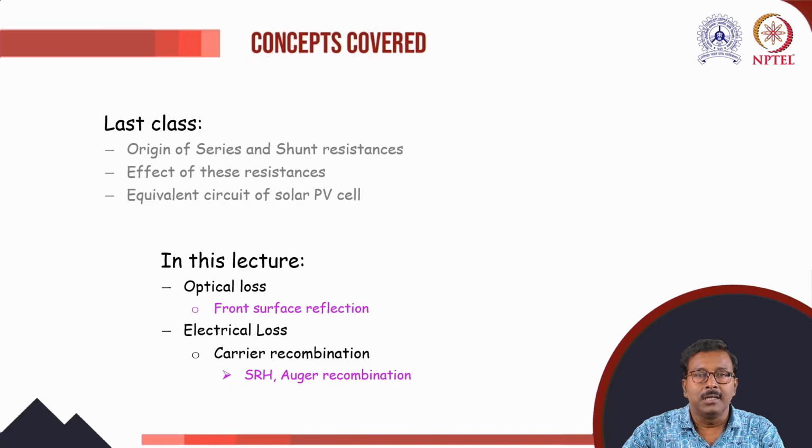Carrier recombination in a semiconductor is of different types, but we will mainly focus here on Shockley-Read-Hall recombination and Auger recombination because these are dominating in the context of solar photovoltaic cell.